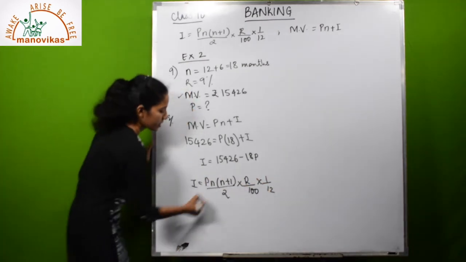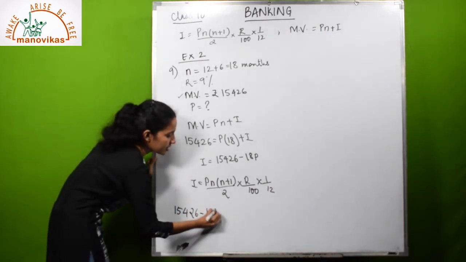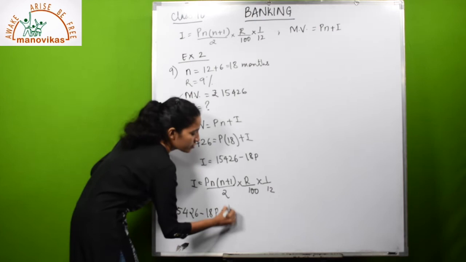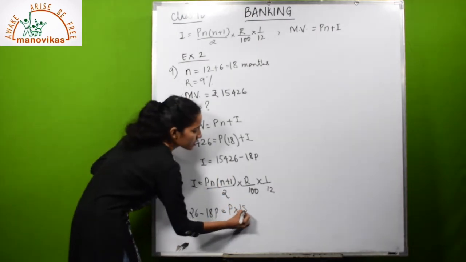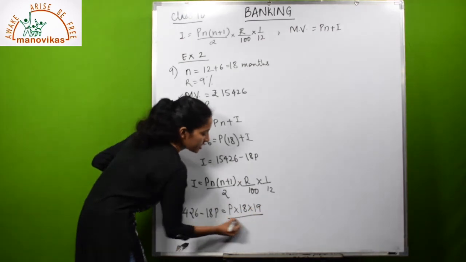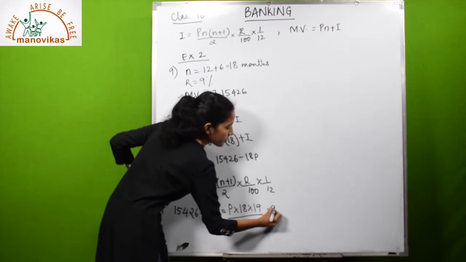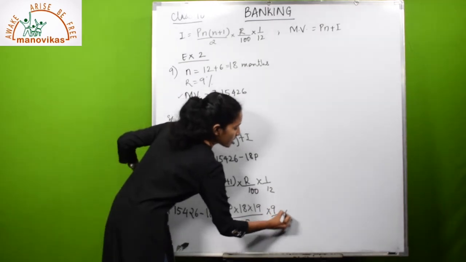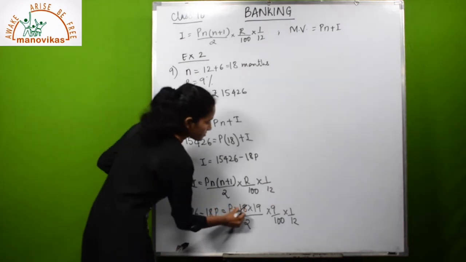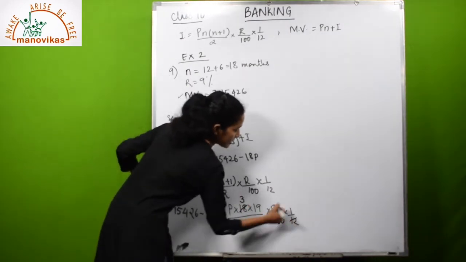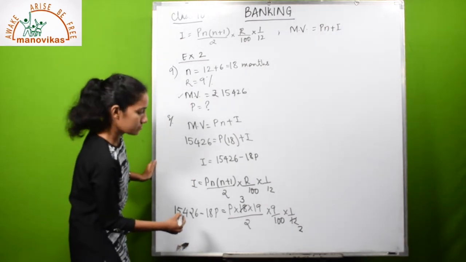So substituting, 15426 minus 18P. P we do not know, but we definitely know the other terms here. This is 18 into 19 divided by 2. R is 9 by 100 and 1 upon 12. So cancelling here by 6, and that's it.